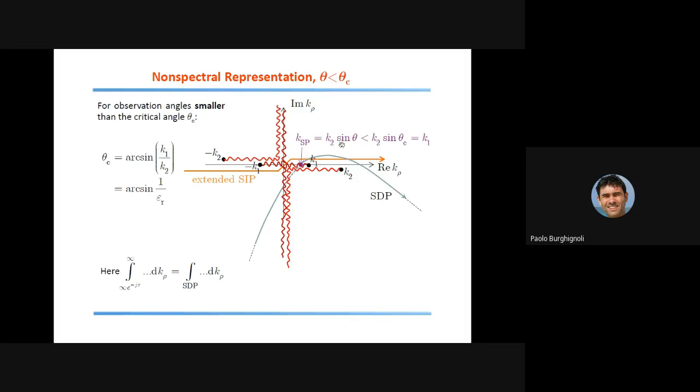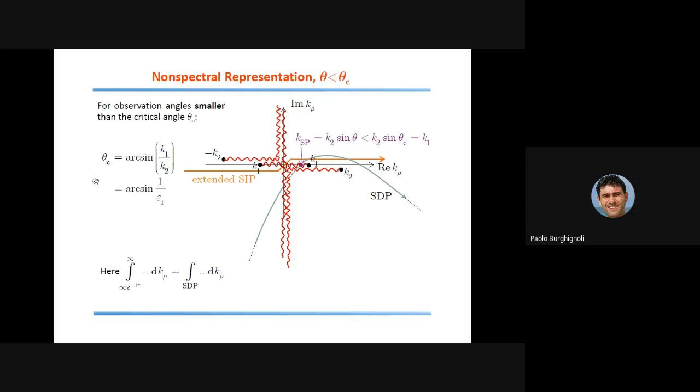If the observation angle theta is smaller than the critical angle theta c, by definition, the critical angle is such that k2 times the sine of the critical angle is equal to the wave number k1 in the upper medium. So this means that the saddle point, k_SP, is located on the left of the branch point k1.